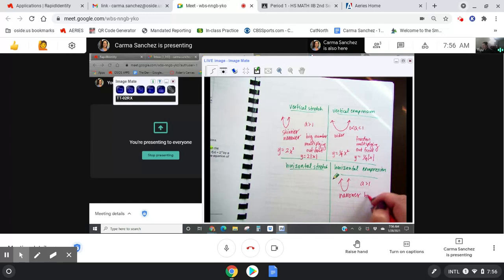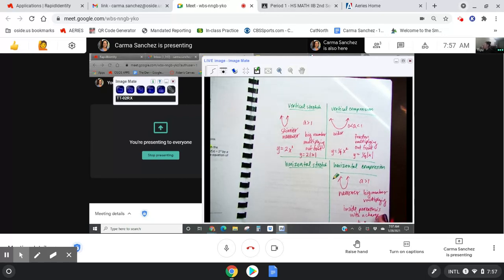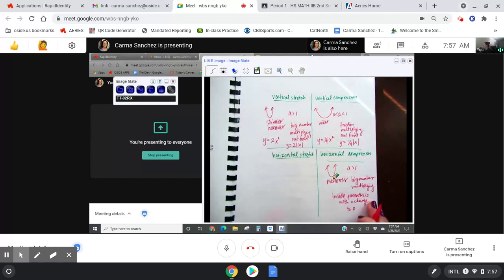It's going to have a big number that's multiplying, except it's not out front. For a horizontal change, it's inside the parentheses with a change to x.